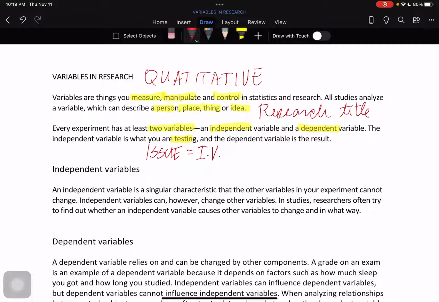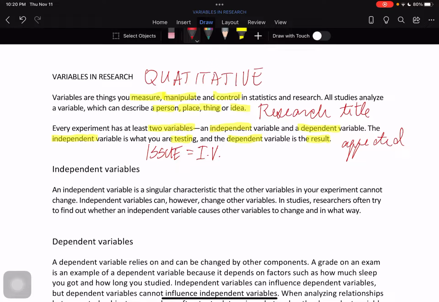There are other characteristics of an independent variable aside from what we have mentioned. On the other hand, the dependent variable is the result. Aside from the result, it is what is affected by the independent variable. So, the issue being investigated is identified as the independent variable, while the variable that is affected by the issue is what we call the dependent variable.